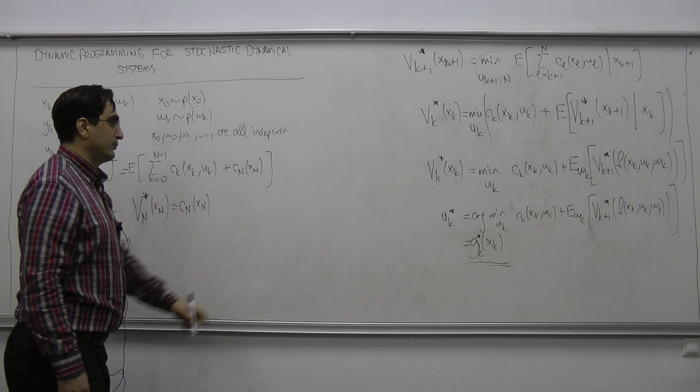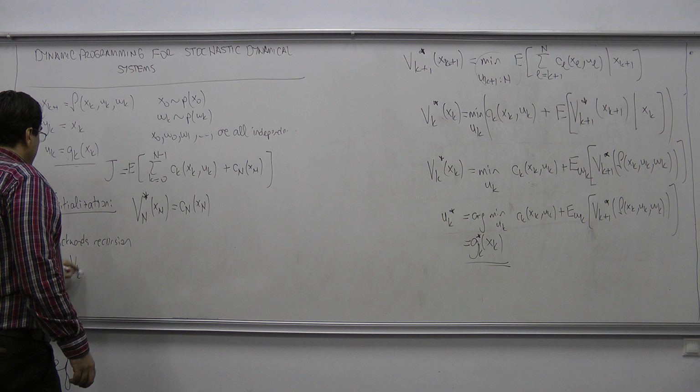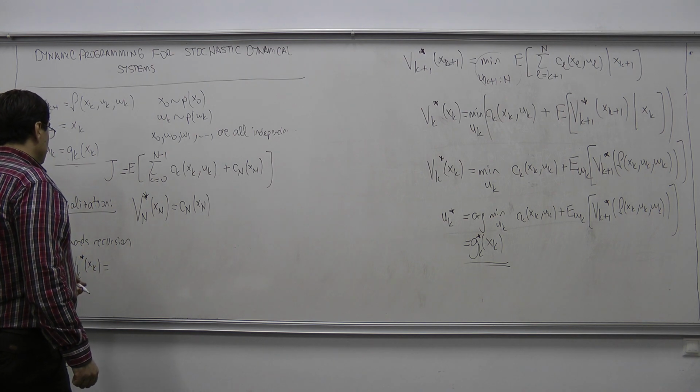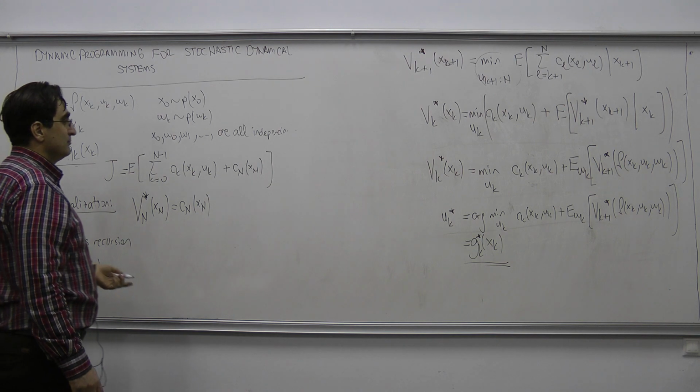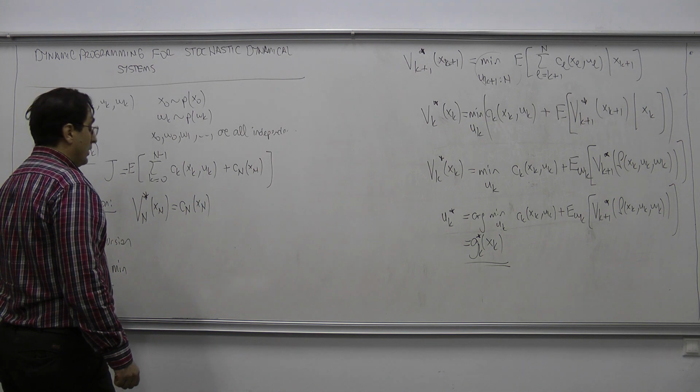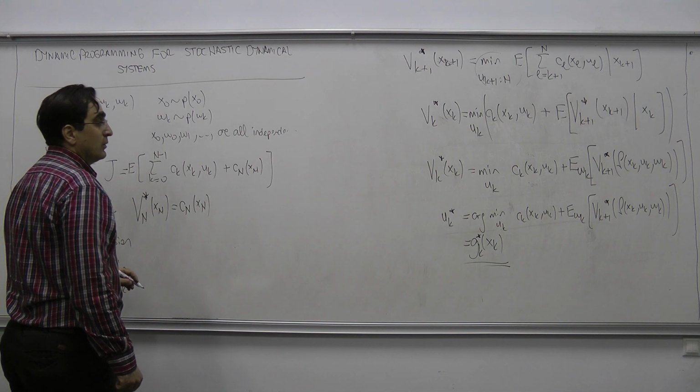It is those formulas. Vk star of xk is equal to, repetition might be boring, but it is usually good for understanding difficult concepts.